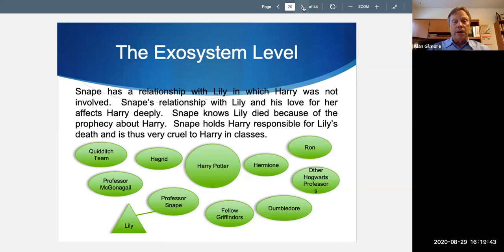Snape holds Harry responsible for Lily's death, and is thus very cruel to Harry in classes. So Harry wasn't involved at all with the relationship of Professor Snape and Lily, but it now is having a direct impact on him as a result of Professor Snape's perceptions.